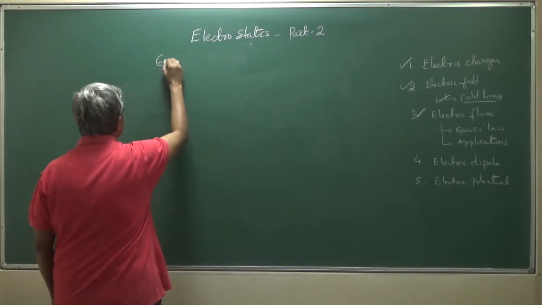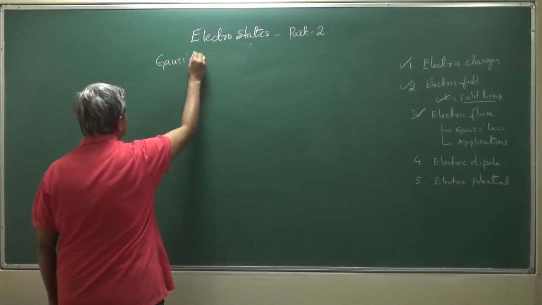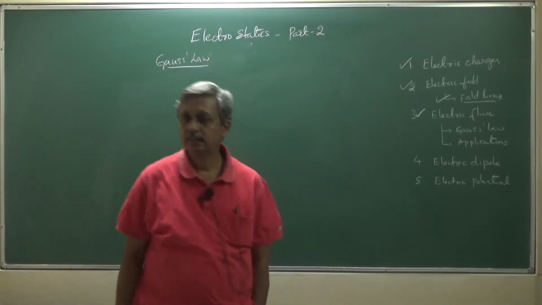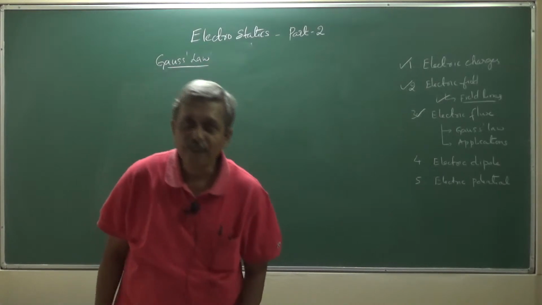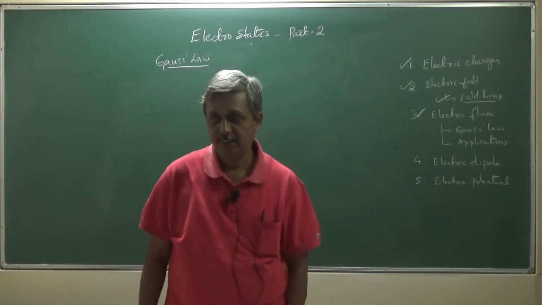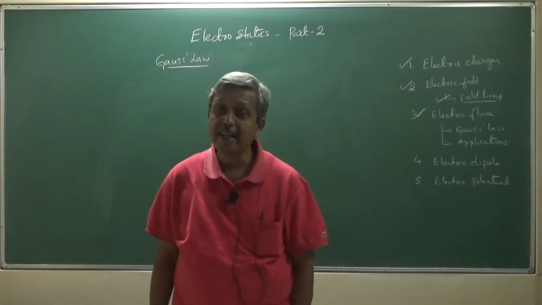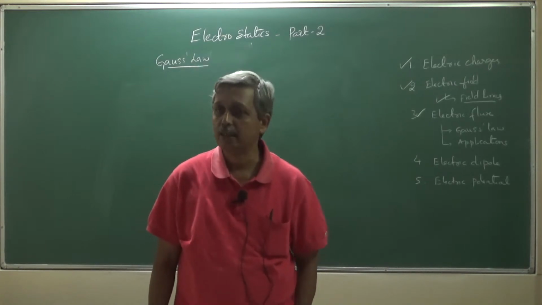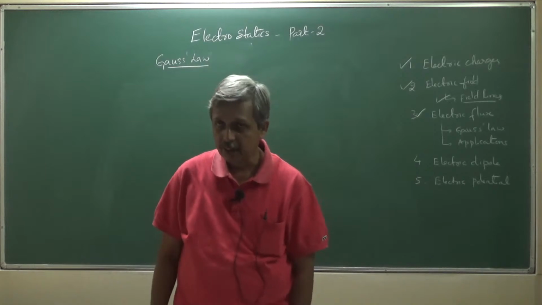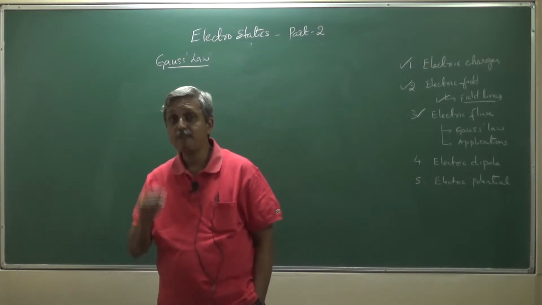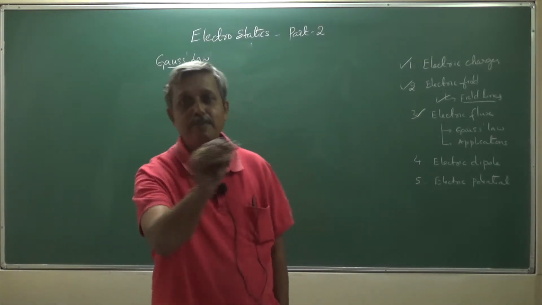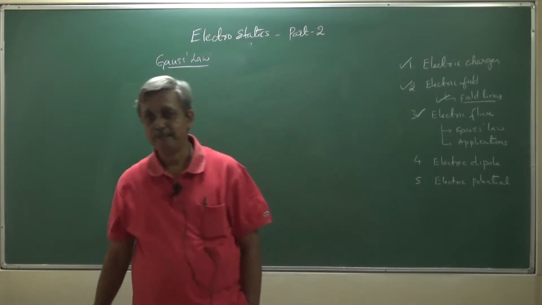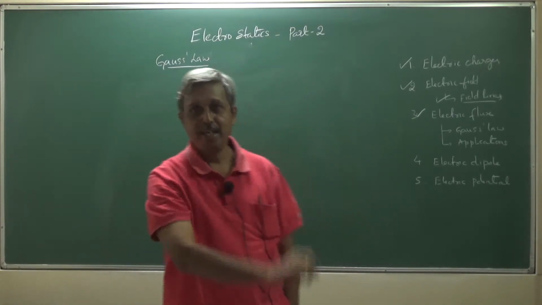When Gauss's law is stated in a mathematical way, it looks incomprehensible. But if it is stated in a common sense way, you will be able to simply understand. Now I will try both of them. You can see why I say this.